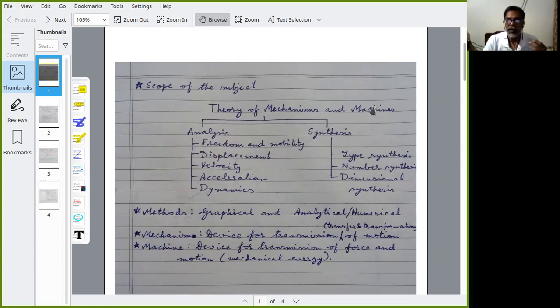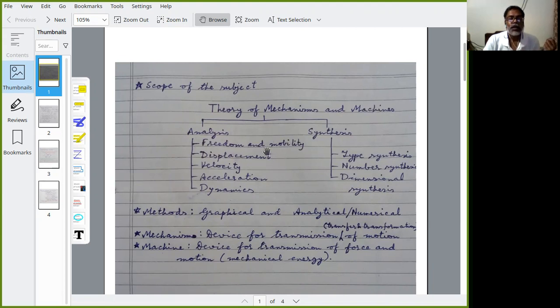The mechanism or the machine, the device, is already known and its behavior is to be studied. Behavior in what sense? In several senses. First, how many degrees of freedom does it have? What are the ranges of motion? There is mobility that it can execute.